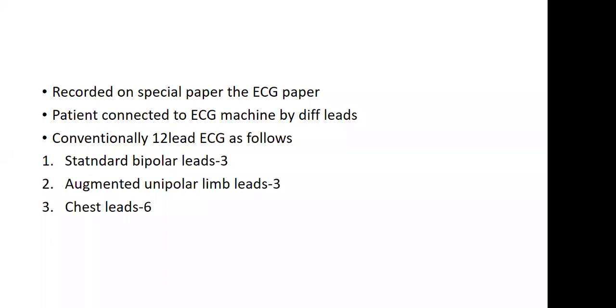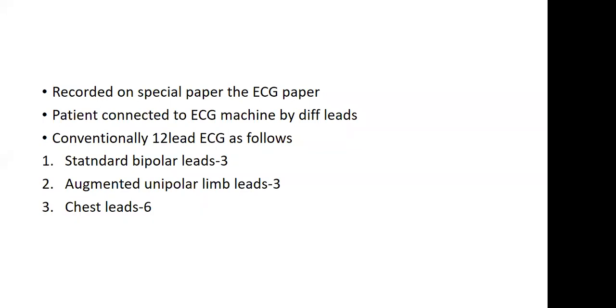But right at the moment, you should know that conventionally we record the 12 lead ECG in the following manner. The leads printed over the paper are of three types. Standard bipolar leads, which are 3 in number.